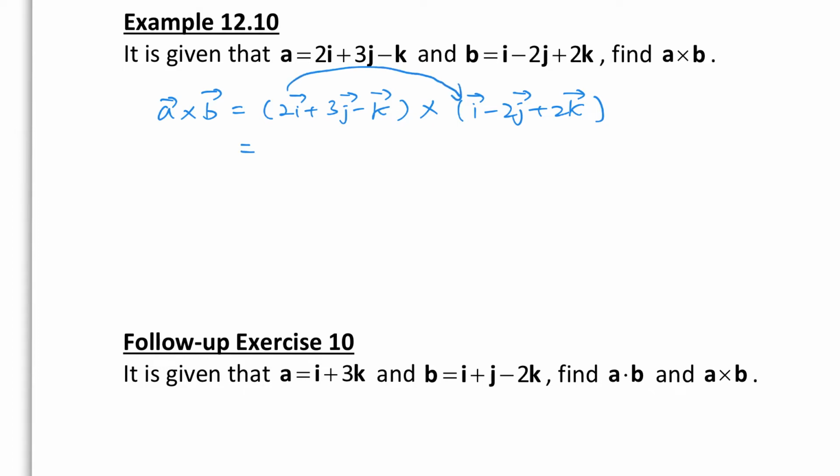i cross i, remember i cross i is equal to 0. So 0, and then the second part is i cross j. If you remember, i cross j is equal to k, vector k. And then, how about this one, which is equal to plus 4. i cross k is equal to negative j.